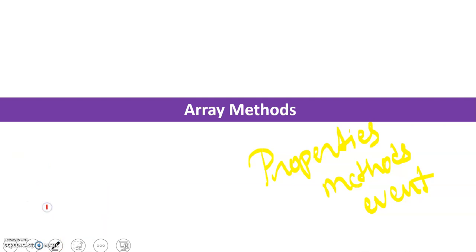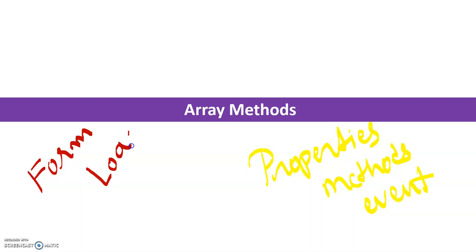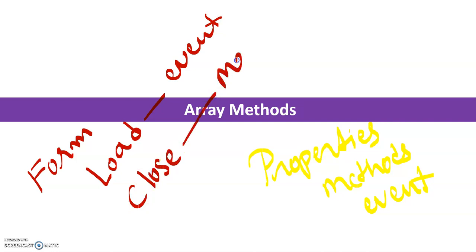If you remember, when we take a form, let's say we have a form. Load is an event, while close is a method, right? We have already discussed the difference between the event and the method.